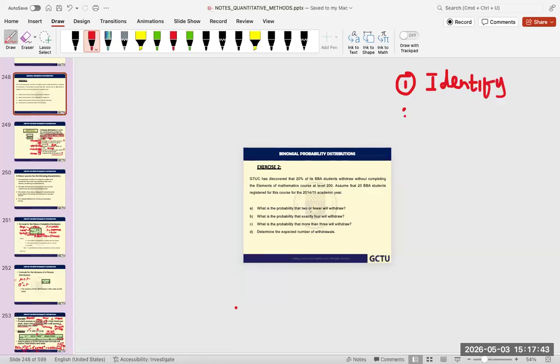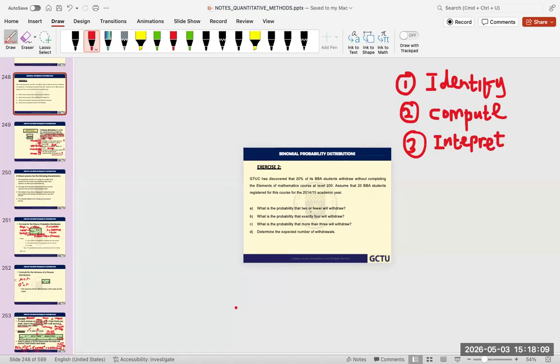The second step is called compute. And then the third step is called interpret or explain your answer.